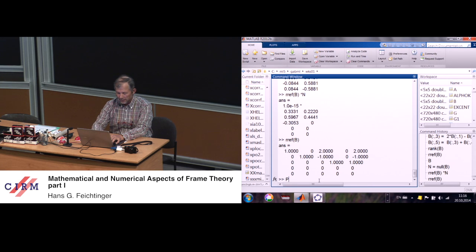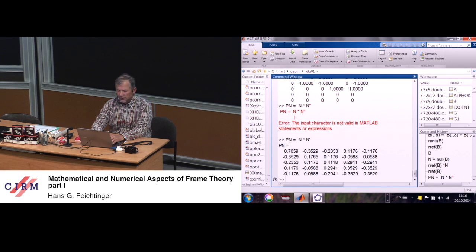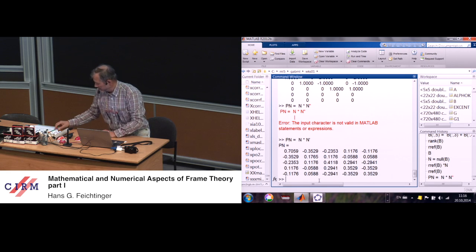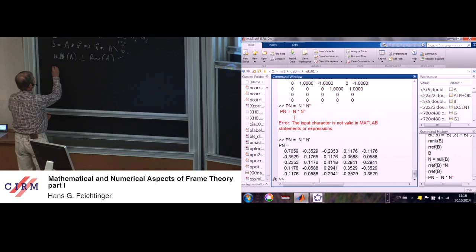Now, how can you get a projection onto the null space? Projection on the null space is another thing that you can easily do. Maybe before I do this, I should recall the following things.